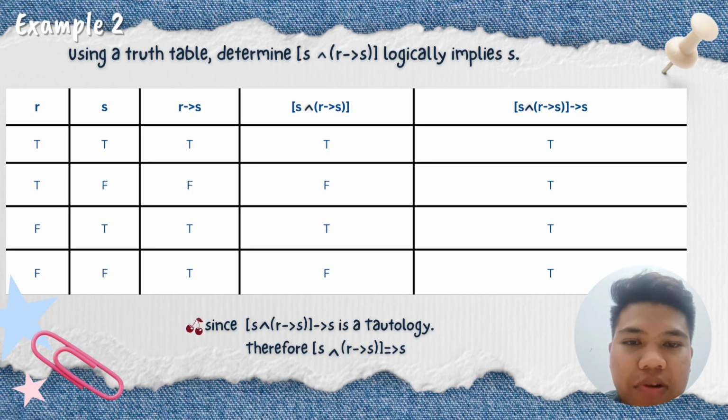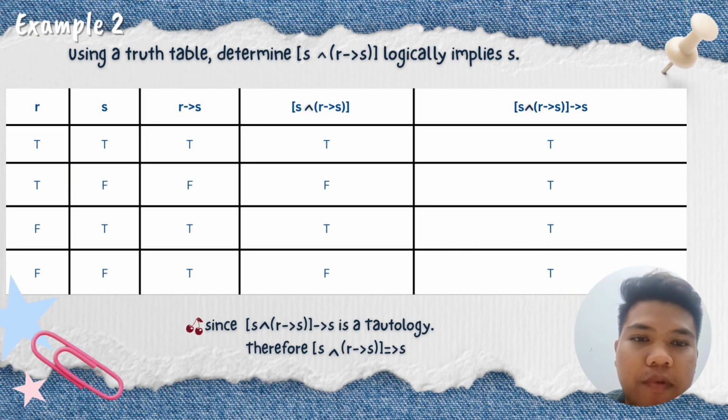Then we proceed to the truth values for R implies S, which we will get true, false, true, true. Then we find the truth values for S and (R implies S), and we will get the truth values for the expression, which is true, false, true, false.